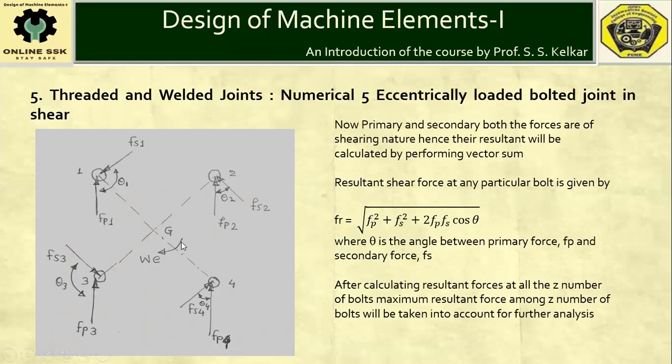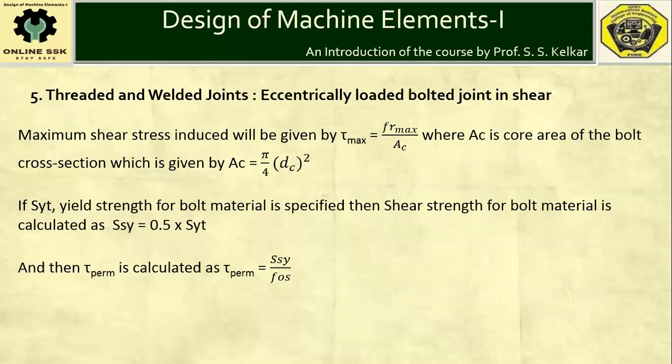So the bolt which is furthermost from the CG and has lesser value of theta will be the critically loaded bolt. Using this logic, we do not calculate Fr for all the bolts; rather, we can directly predict which bolt will experience Fr max, because the resultant force for the critically loaded bolt is to be taken into account for further analysis.